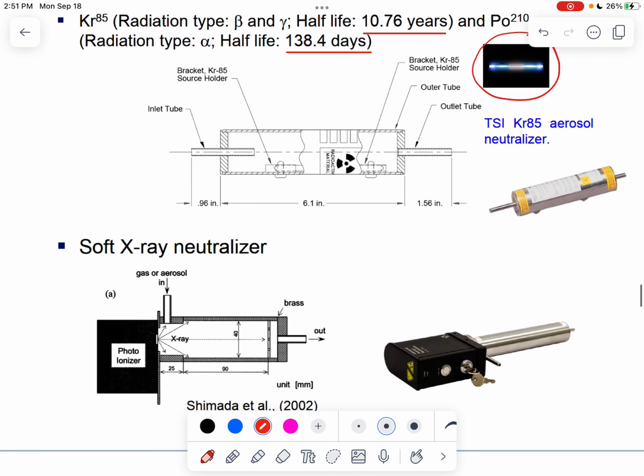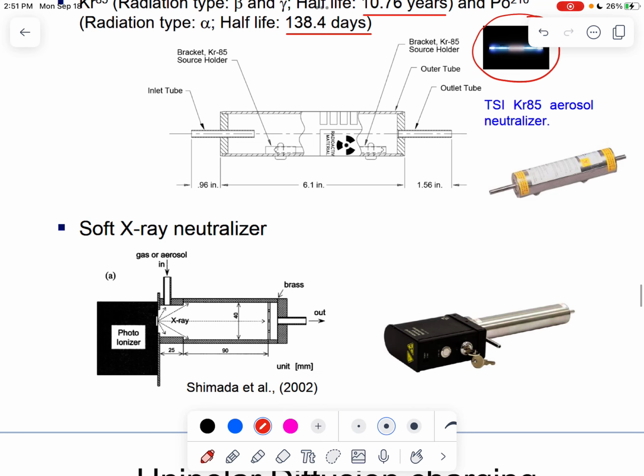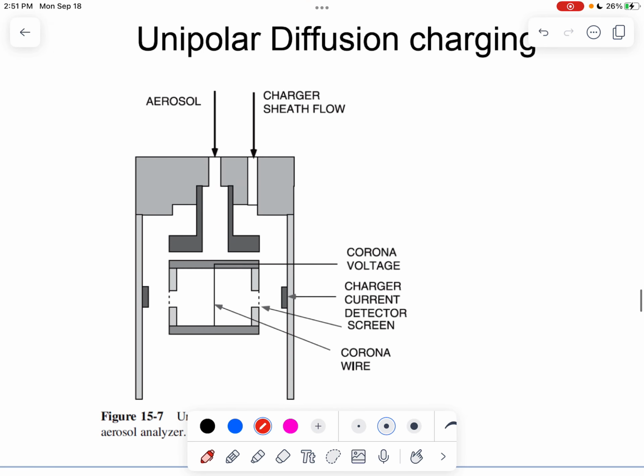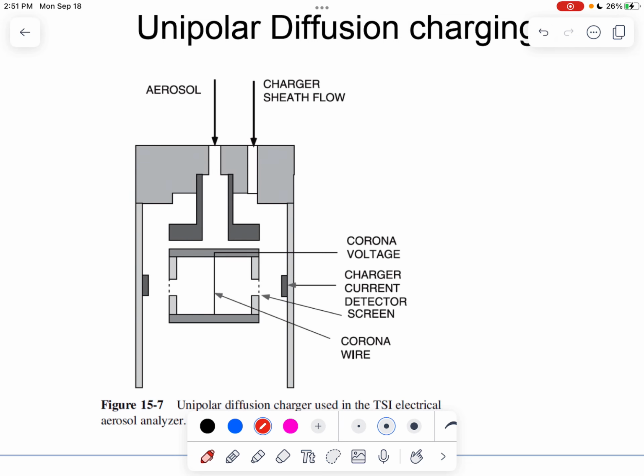Okay, so as we have introduced earlier, these radioactive materials may lead to safety concerns. So that's why people invented these newer soft X-ray neutralizers, which use X-ray sources to ionize the particles. Apart from diffusion charging, there's also unipolar charging. Unipolar charging is less frequently used by these aerosol sampling systems, mainly because it's kind of difficult to predict the charge distribution.